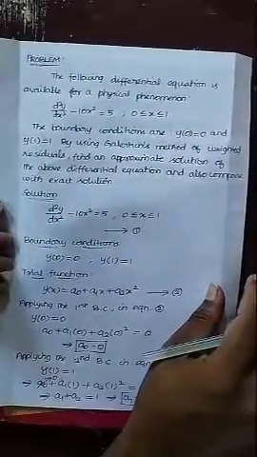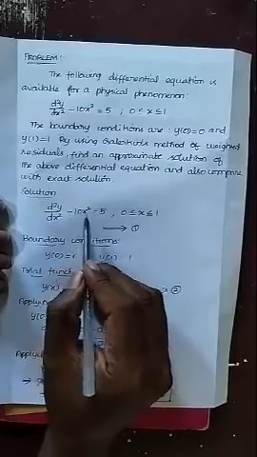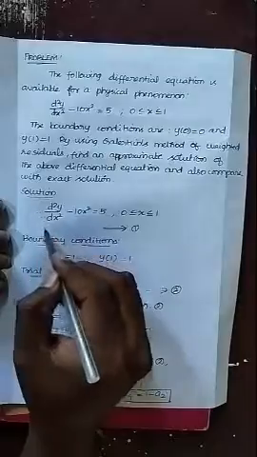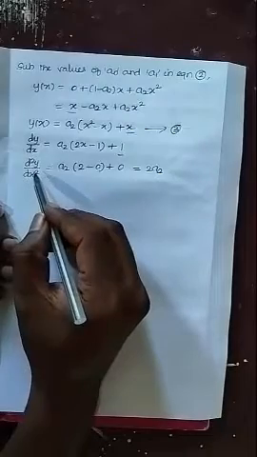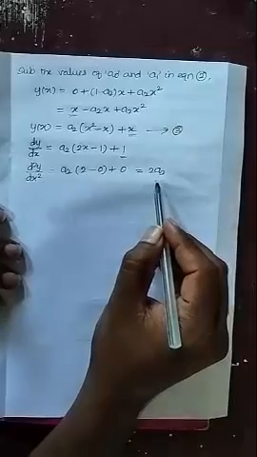In the governing differential equation, we have d square y by dx square minus 10x square is equal to 5. Now we can replace this d square y by dx square by this 2a2, because we have found out the d square y by dx square value from the assumed trial function as 2a2.